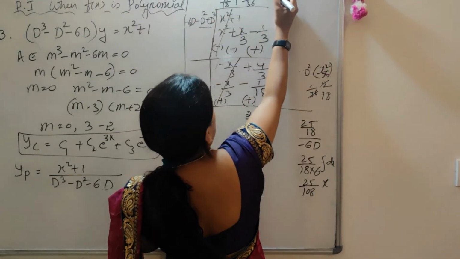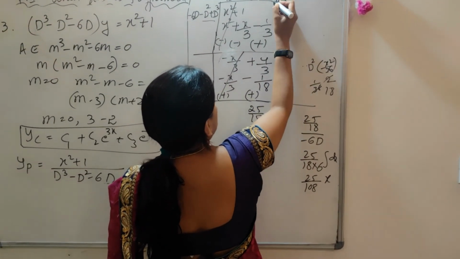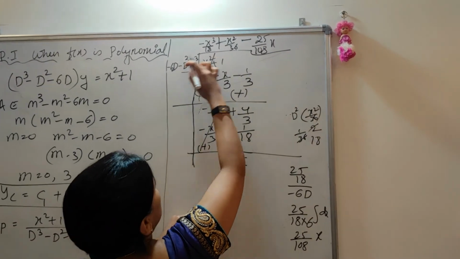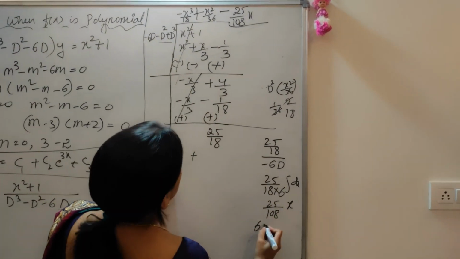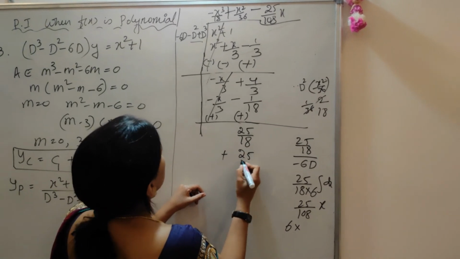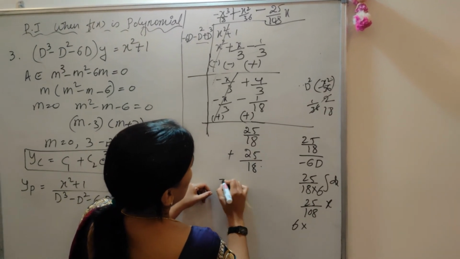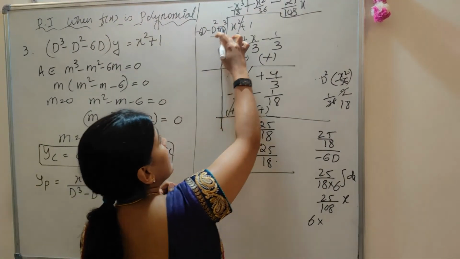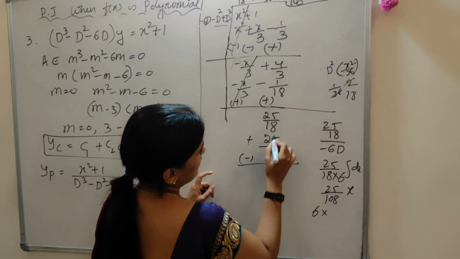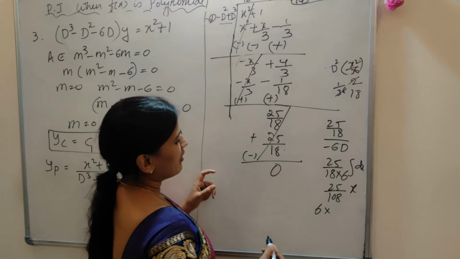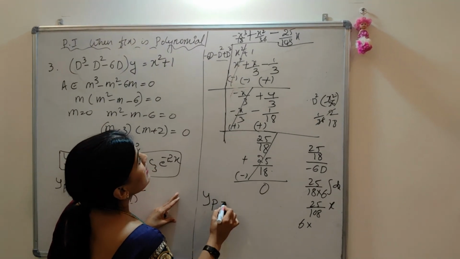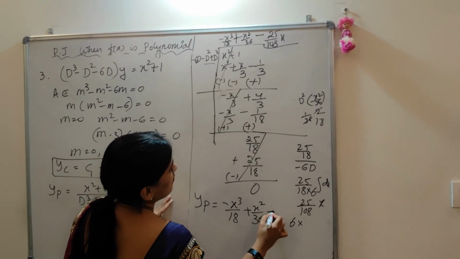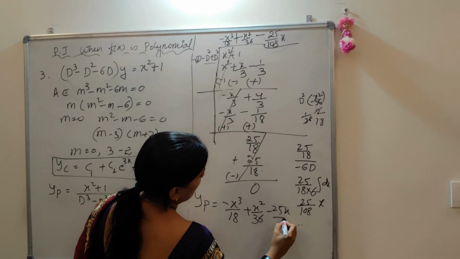So the quotient is 25/108 x. Then minus into minus plus D: differentiation of x is 1, so 6 times 1/6 gives the same 25/18. Afterwards D² of x, the power of x is 1, gives 0, and D³ of x is also 0. Changing the sign, plus 25/18 minus 25/18 is 0. So finally yp is −x³/18 + x²/36 − 25x/108.